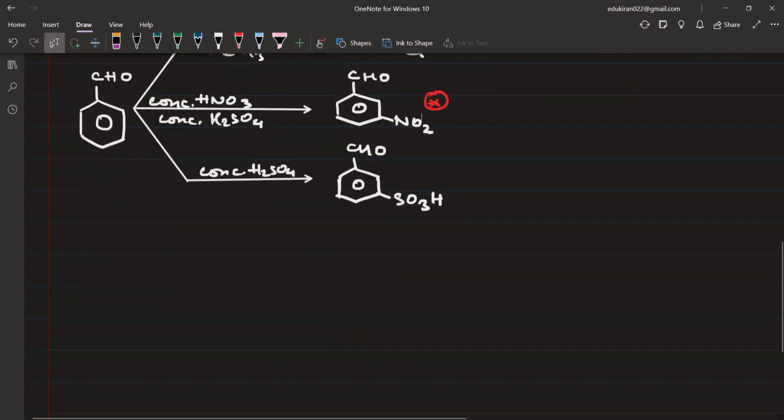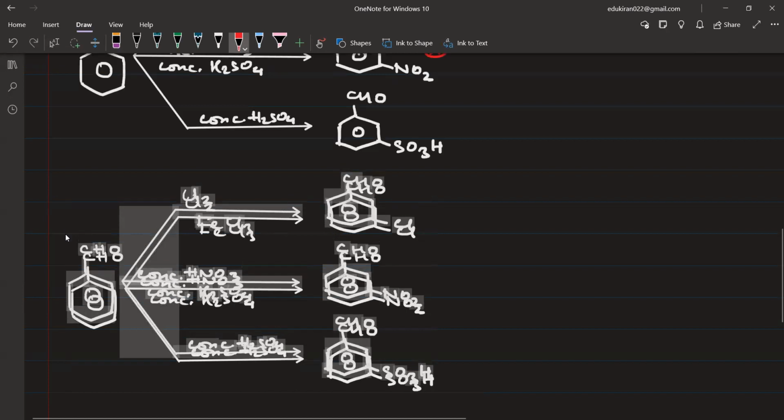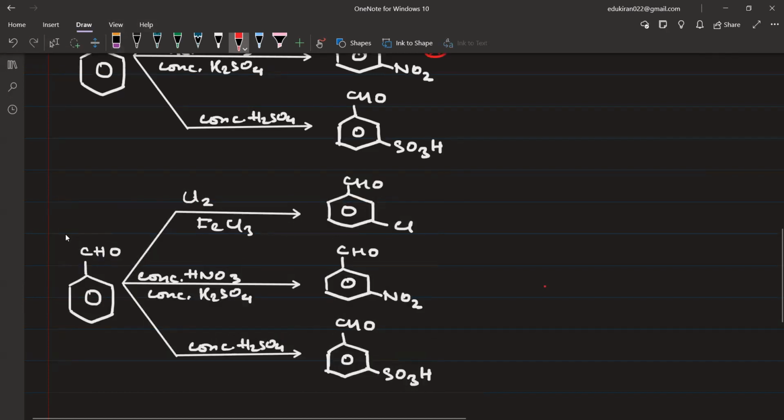Right, next. Now, the same type of reaction will happen for acetophenone also. So please write the structure of acetophenone, just a second.